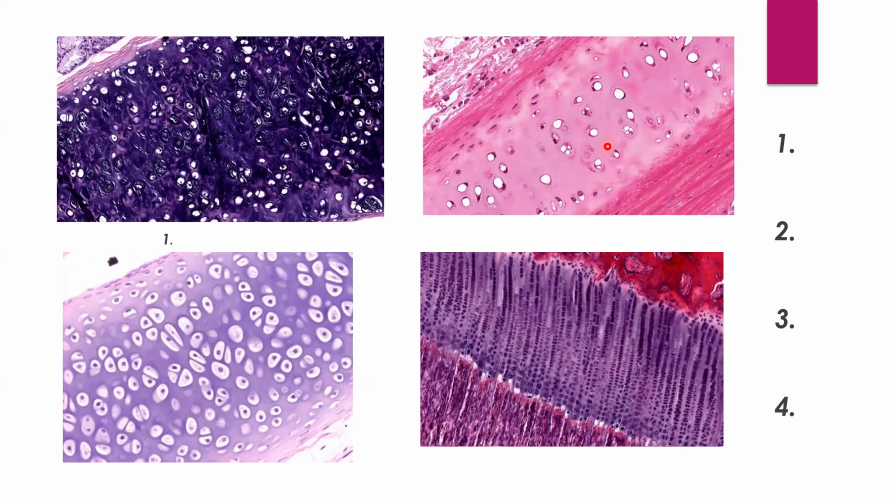All those will have hyaline types of cartilage. Does it have perichondrium? At this point, you can appreciate the perichondrium with its 2 parts, the outer fibrous and the inner cellular.